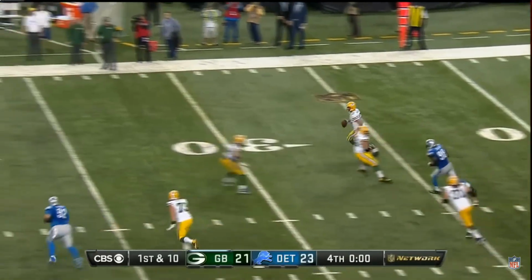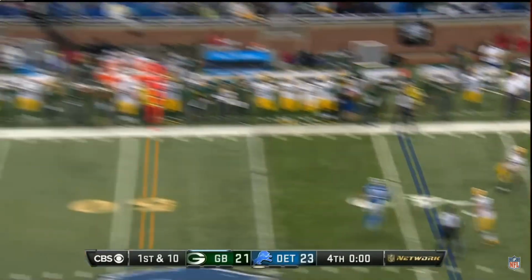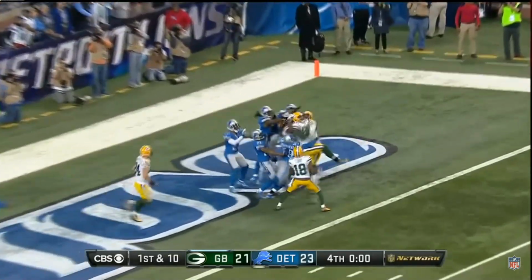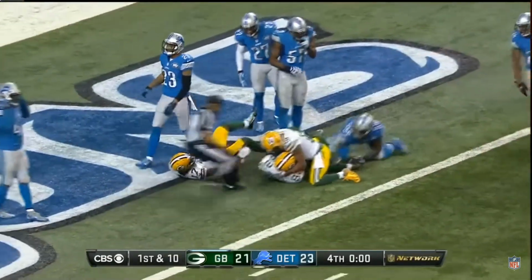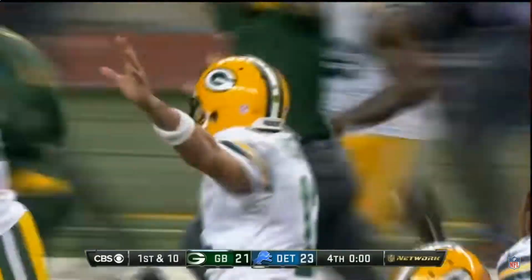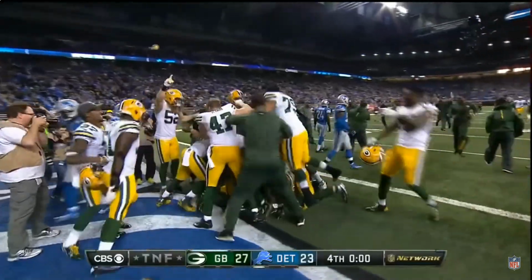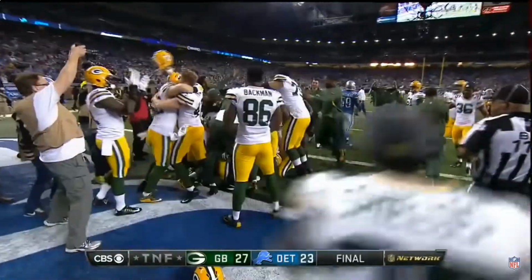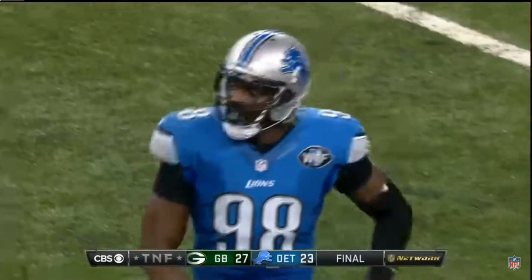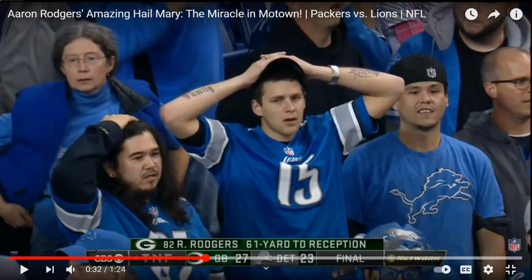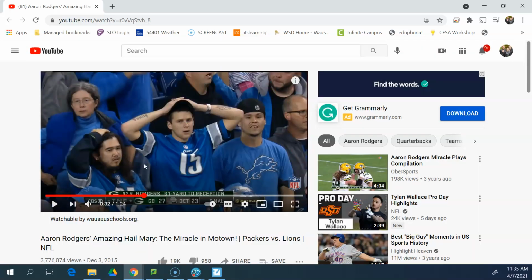After this came out, ESPN did sports science on it, and they figured out how high the ball went, and it almost touched the ceiling of Ford Field. They showed how it perfectly landed, exactly where it was going to land, and all this fun stuff. It's pretty cool. So we got that going on.